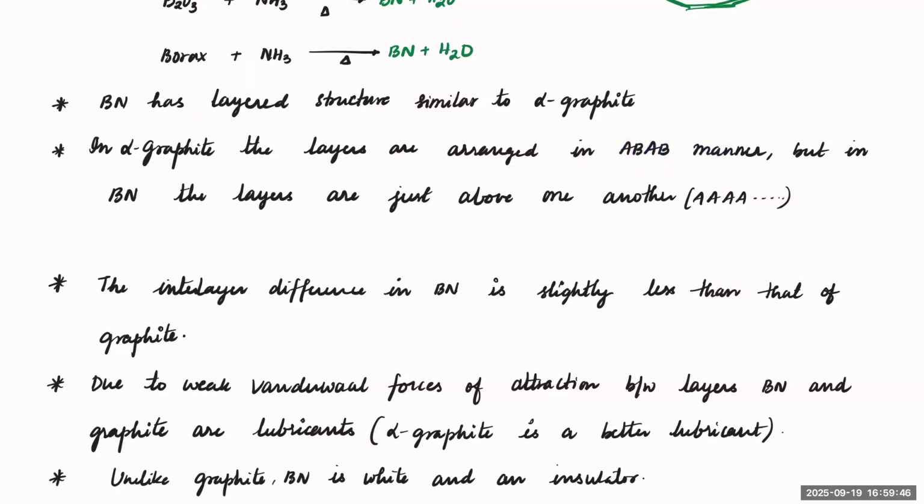AB type is something you learn in solid state: if you have one particular type of arrangement, and you place the next arrangement in its grooves, it becomes an AB type arrangement. Boron nitride will not be like that; it will be more like an AA type of arrangement.